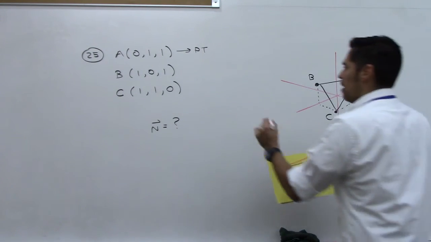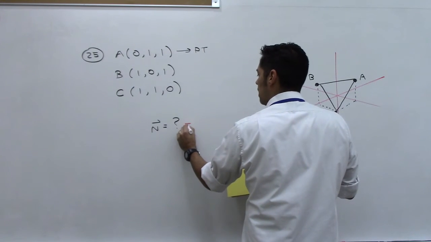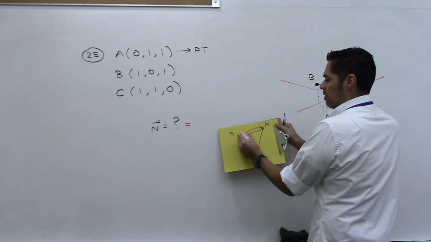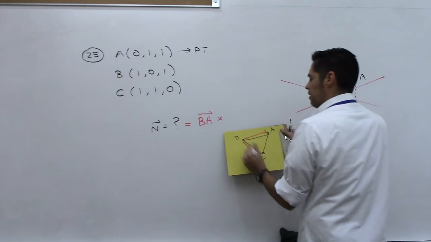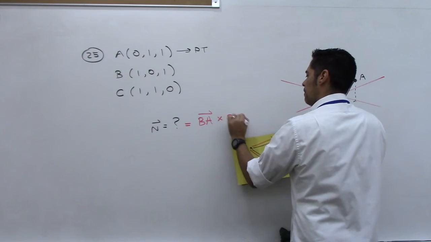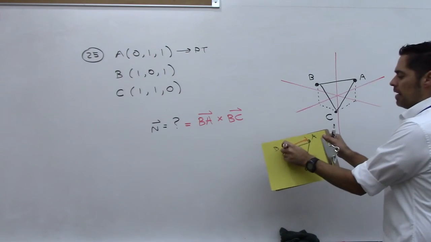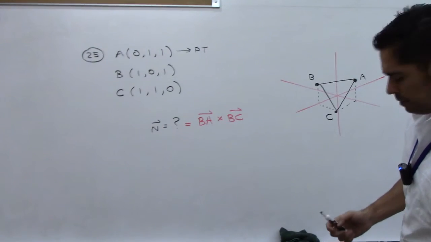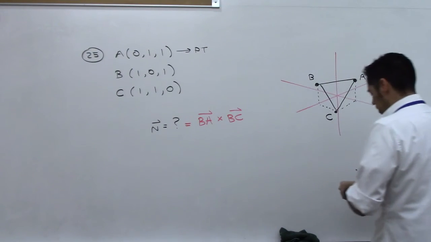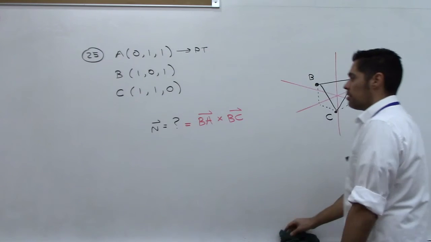I'm going to define it to be the vector that goes from B to A crossed with the vector that goes from B to C. If I cross those, I'm guaranteed a vector that's perpendicular to both, so it's going to be perpendicular to the plane. Hope that makes sense. Again, I apologize about my crappy drawing to start.